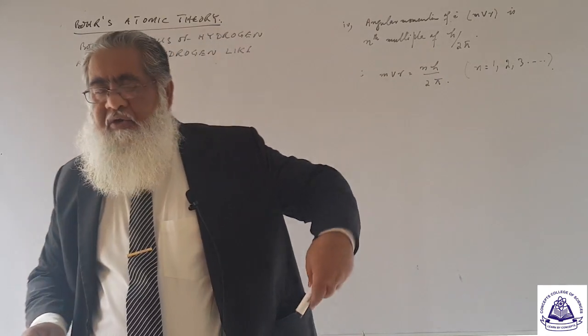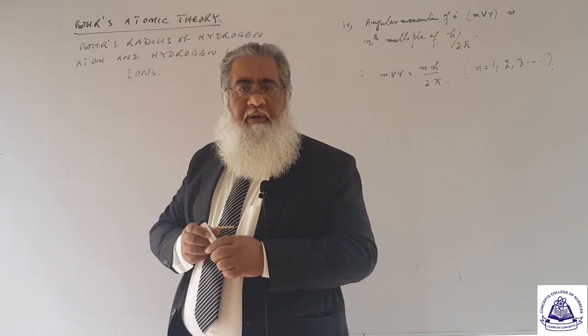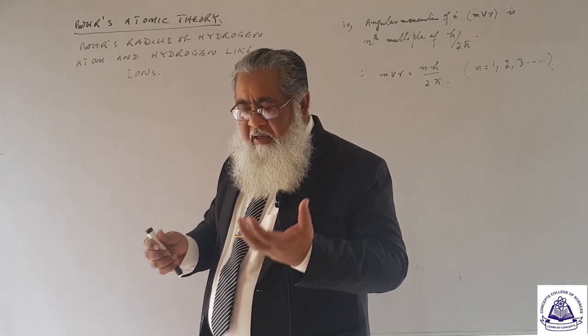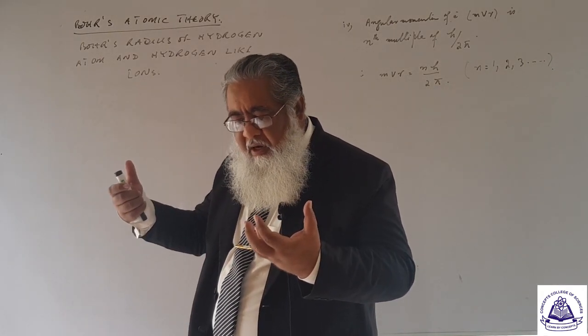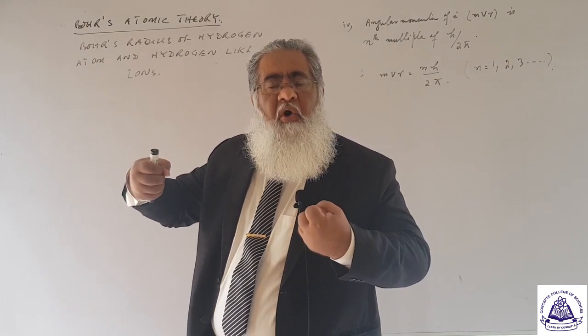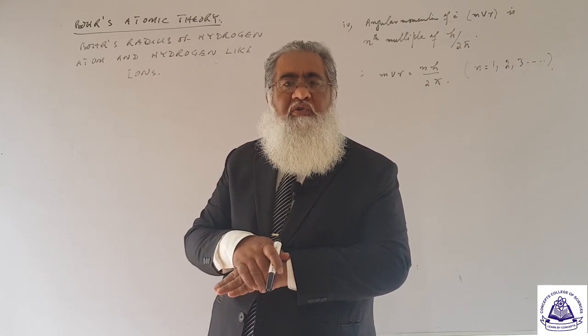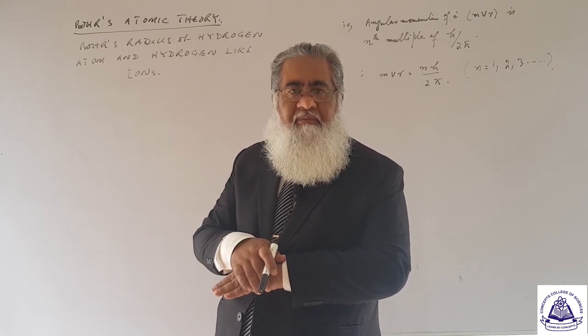We know that an electron revolves around the nucleus in a circular path called orbit. As the electron is negatively charged and the nucleus is positively charged, there will be some strong force of attraction between them, commonly called Coulombic force of attraction.